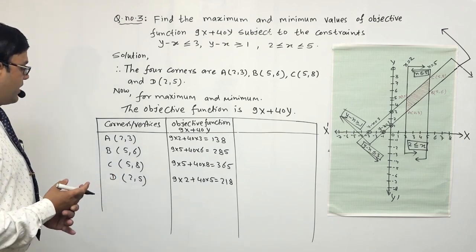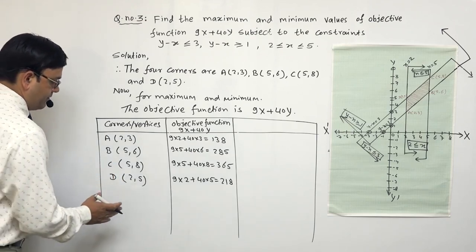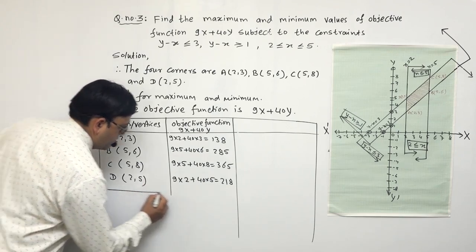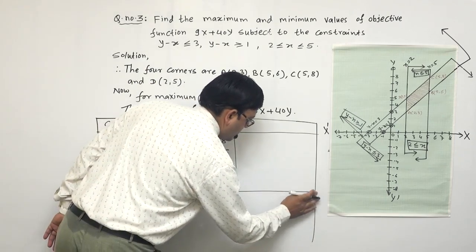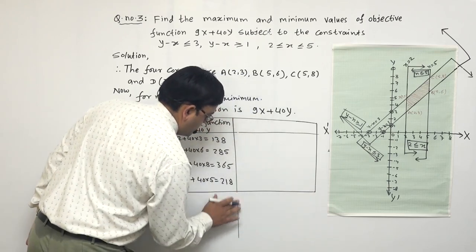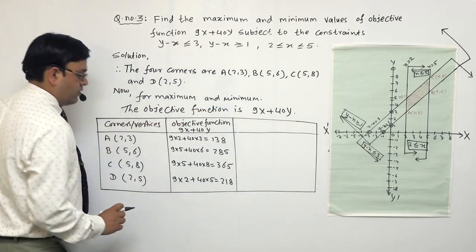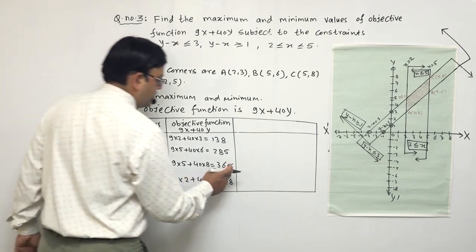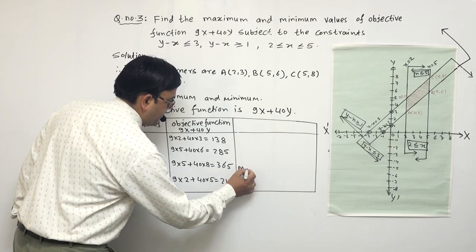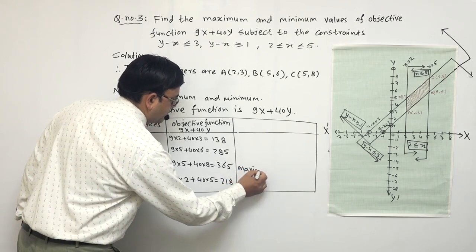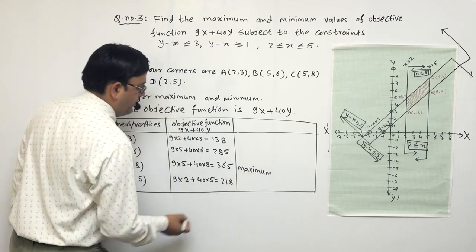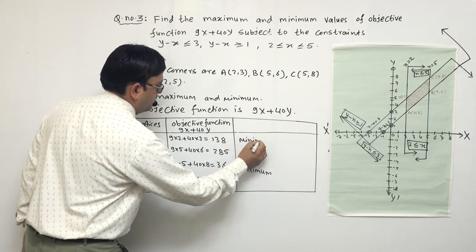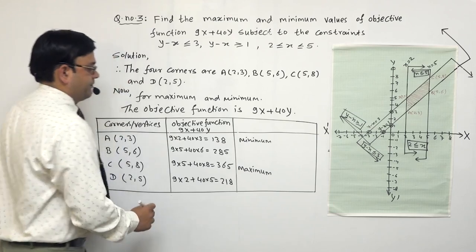So here, which one is maximum? So here 365 is maximum, and then 138 is minimum.